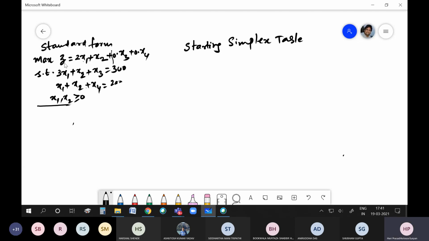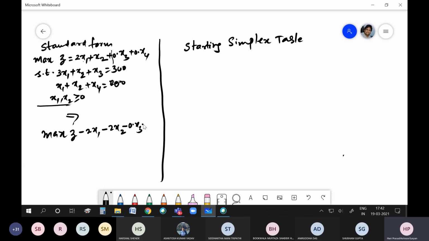We write this as maximize Z. We bring this also to the left hand side: z minus 2x1 minus 2x2 minus 0 times x3 minus 0 times x4 is equal to 0. The simplex table looks like this.